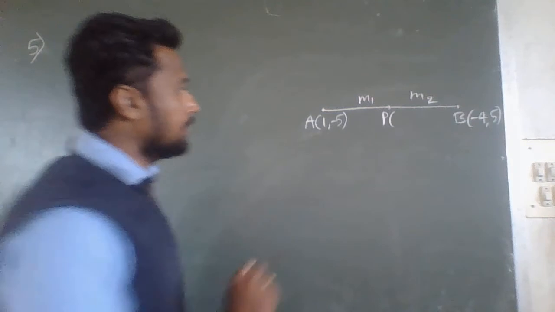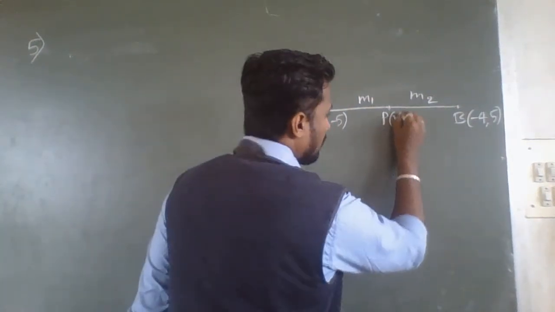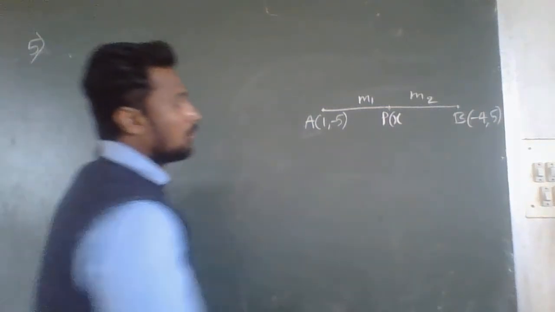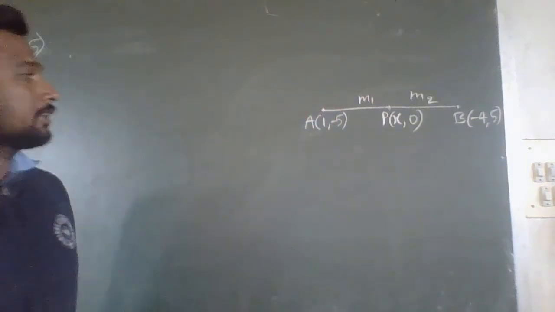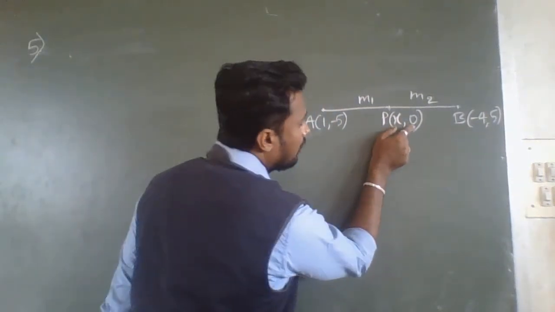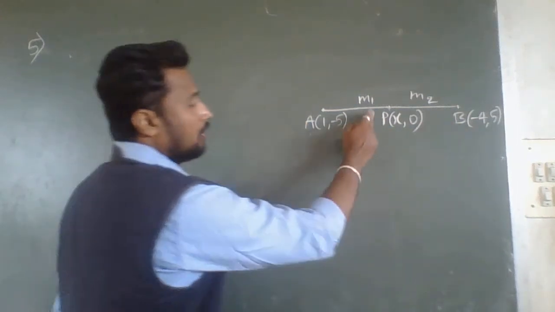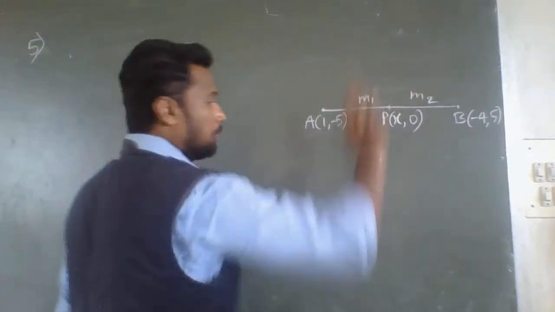We all know that always on the x-axis there will be some value for the x coordinate, but the y coordinate will be 0. Listen carefully why I have written here x comma 0. This line AB is divided on the x-axis in ratio m1 is to m2.